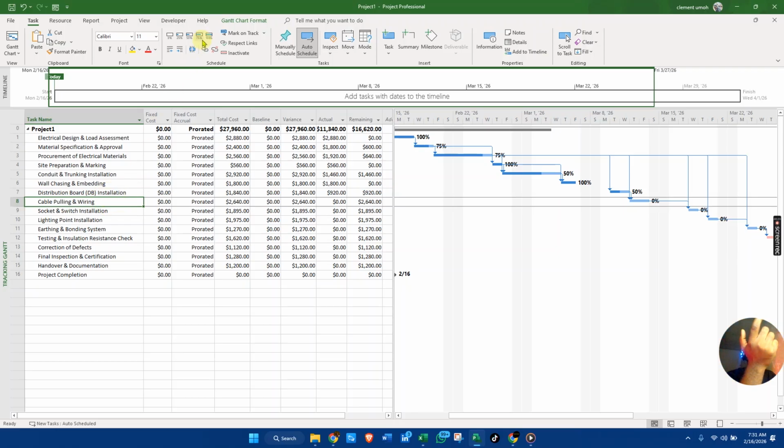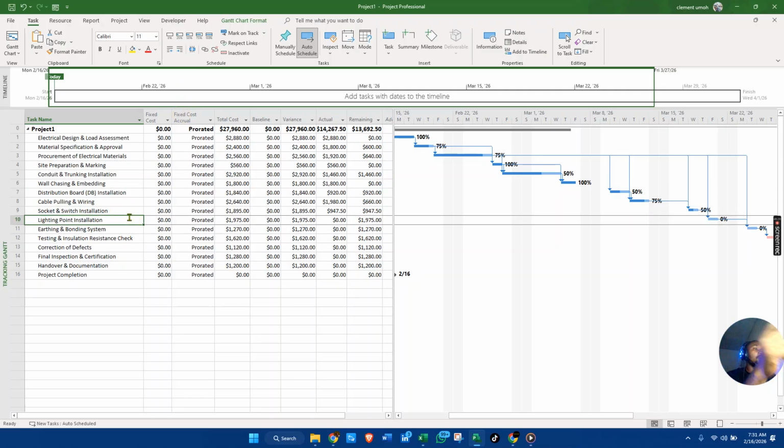Pulling of cable 25%, which is very important. And socket installation 50%. Lighting point installation 50%.